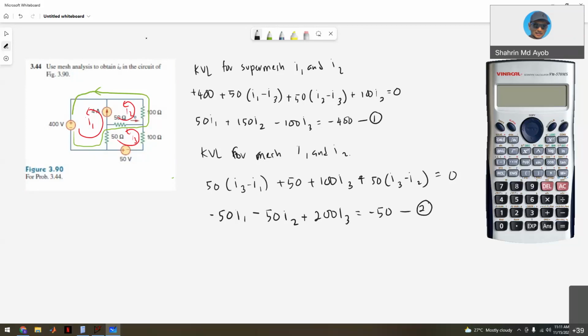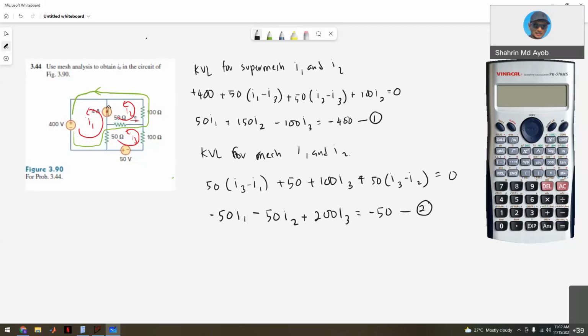Okay, so we have three variables, I1, I2, and I3, but currently we only have two equations. So the third equation comes from this current source. As you can see right now, the current source is going up, which is in the same direction as I1.